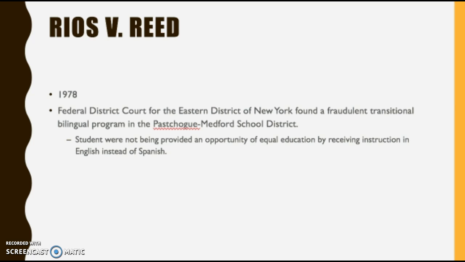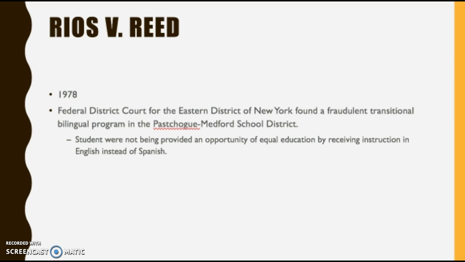So students were not being provided an opportunity of equal education by receiving instruction in English instead of Spanish. So kind of opposite to what we just heard in this past case, where they were only receiving instruction in Spanish and not being allowed to transition into English. These students were only receiving education and instruction in English, and they were using the very old tactics of the 20s to about the 60s of the sink or swim, which is no longer in use for obvious reasons.